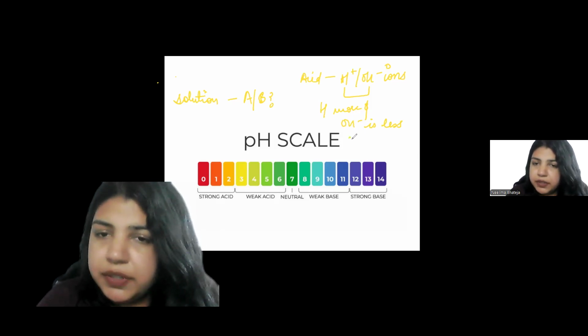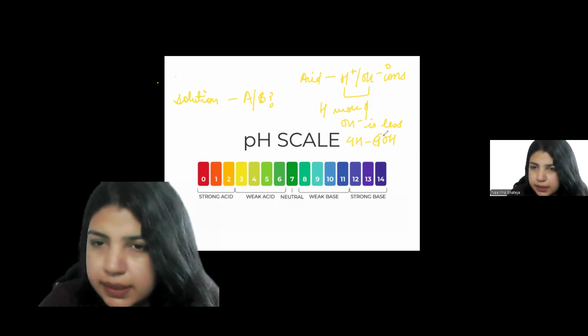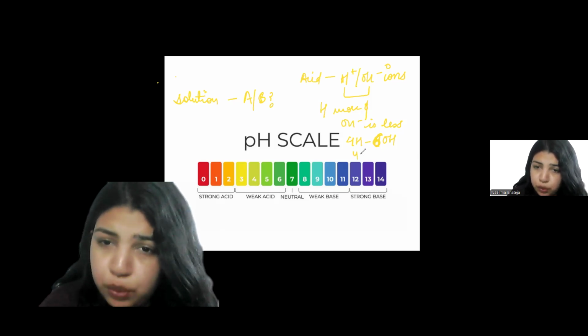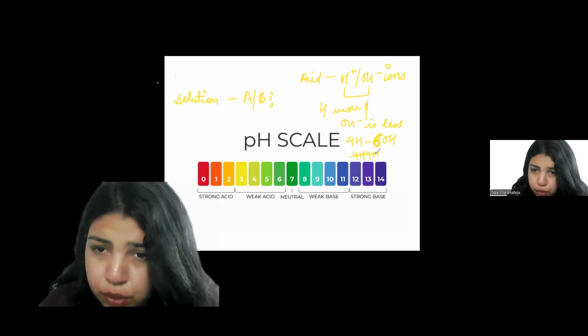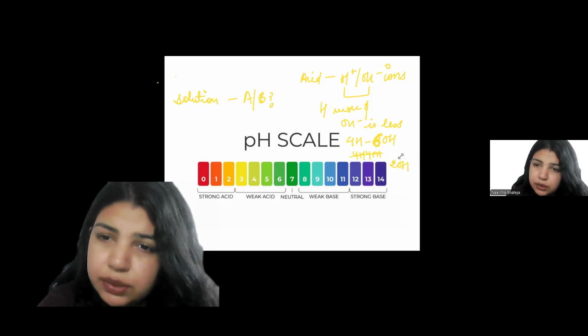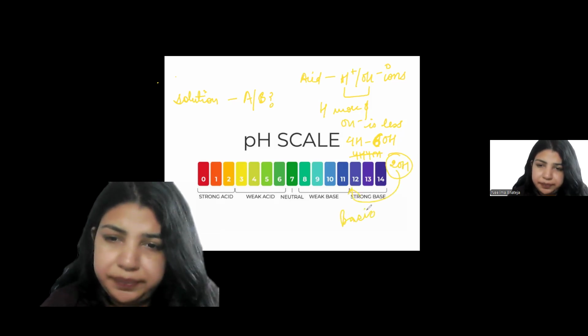For example, we have four H and six OH. So 4 H will neutralize 4 OH, but what about the other two OH which are left? So this will tell us that it will be basic in nature.